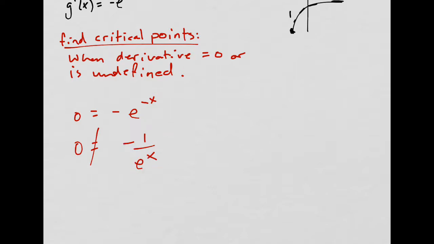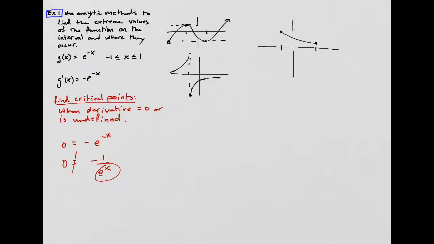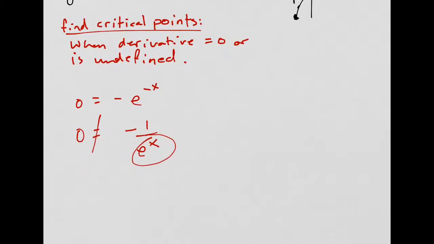So we don't have any critical points. Also, the bottom is never 0, so the derivative is defined for all real x values. So there are no critical points for this.